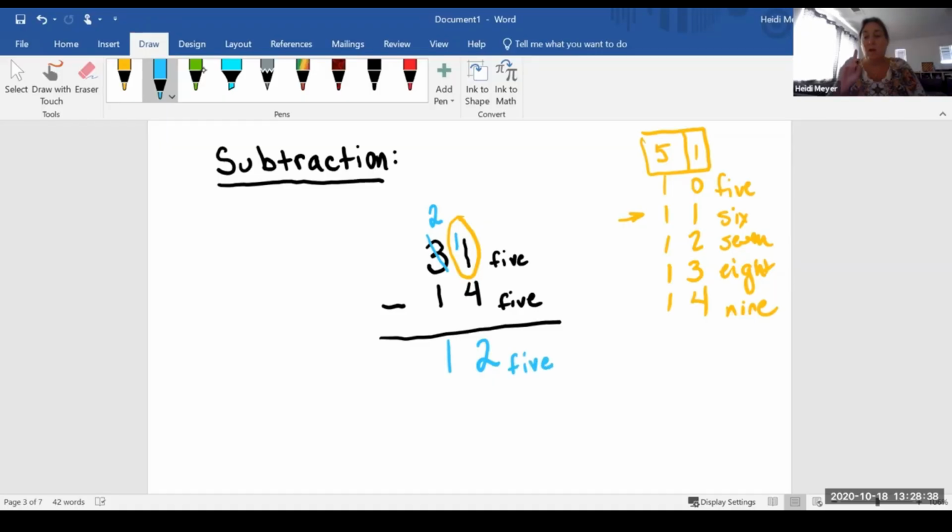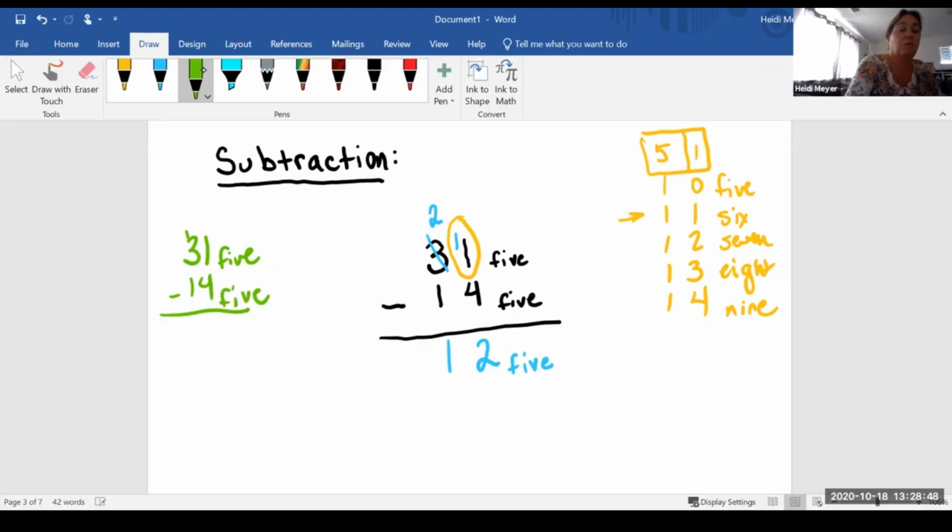Now, if you had made a mistake, if you started doing this problem really quickly and did it the wrong way, so I'm going to erase it also really fast. If you borrow and you put the 1 here and you think that's an 11, and you say 11 minus 4 is 7, 2 minus 1 is 1, and so my answer is 17.